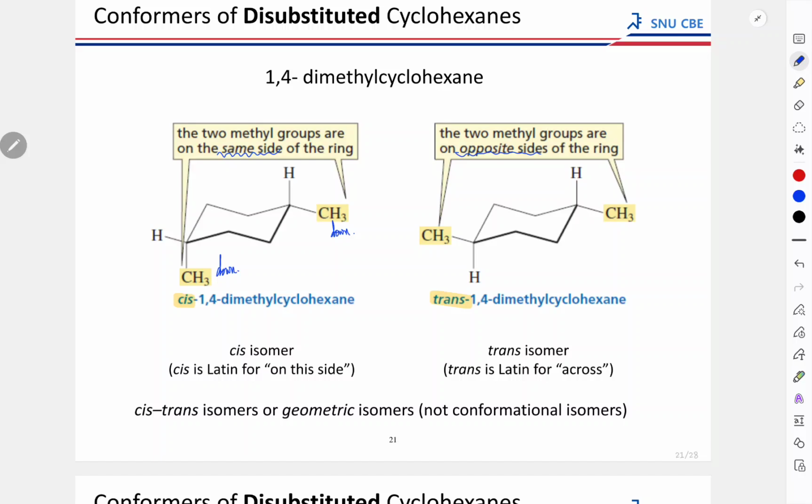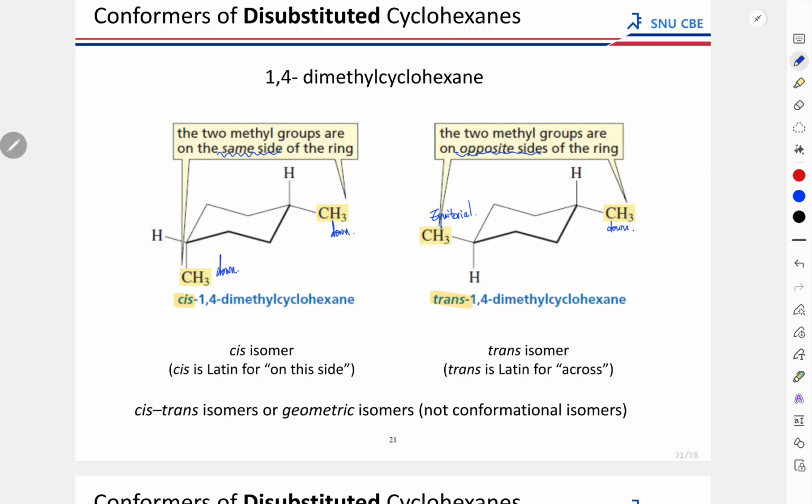What about this case? This is trans. Okay? You can identify the side of the ring. Again, this is the downside. Okay? What about this methyl? This methyl is located on the equatorial position on this down carbon. So equatorial on a down carbon is the upside. Okay? So they are sitting on opposite sides, that's why this is trans.